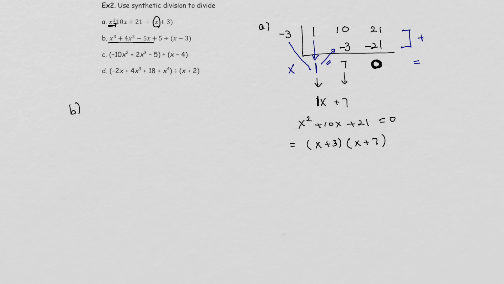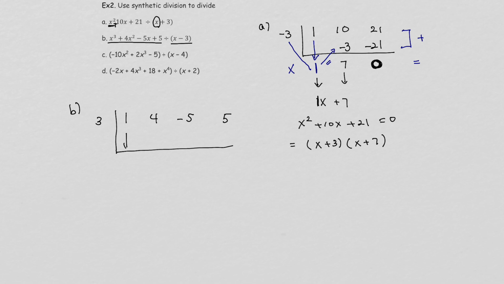So we're going to use this. Starting from the cube, you have 1 for the cube, 4 for the square, negative 5 for the linear, and 5 as the constant. Dividing this by x minus 3, so dividing by 3.